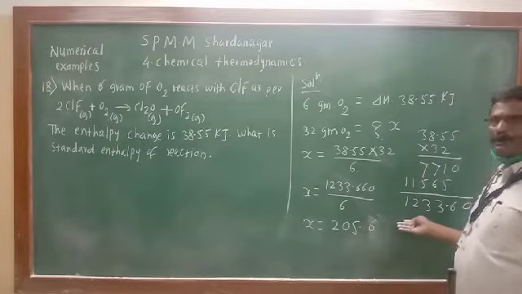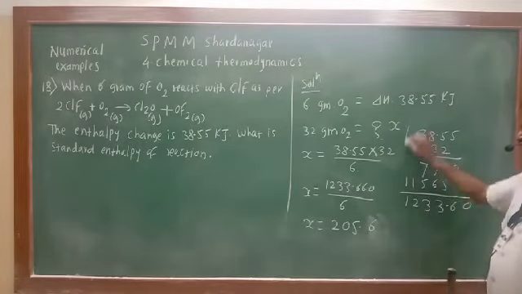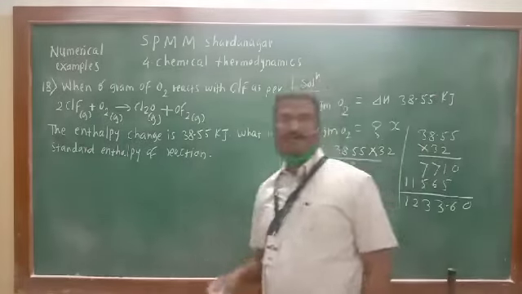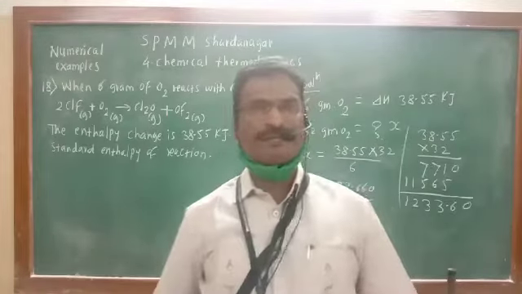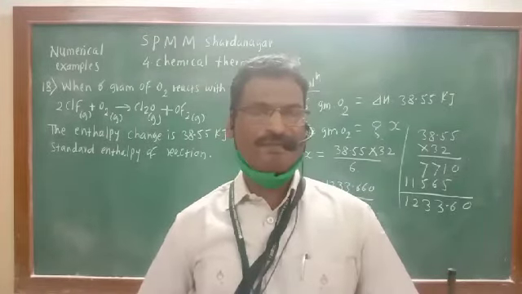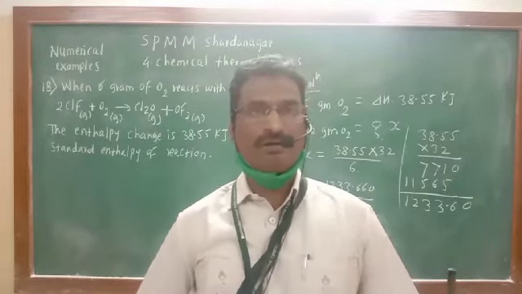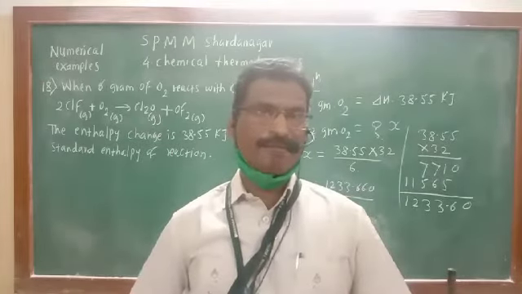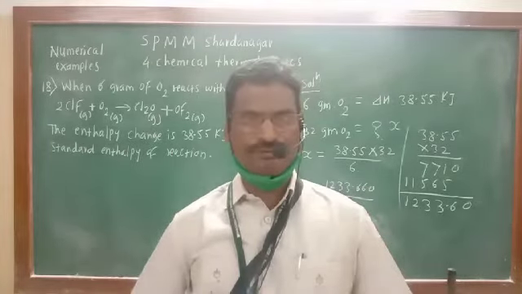This answer we can calculate directly without using log table also. This is how single step problems can also be solved on the basis of enthalpy and enthalpy change. These are important problems even from the point of view of competitive exams like MHT CET also.